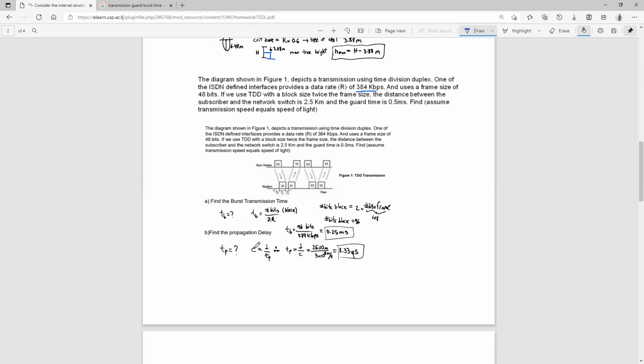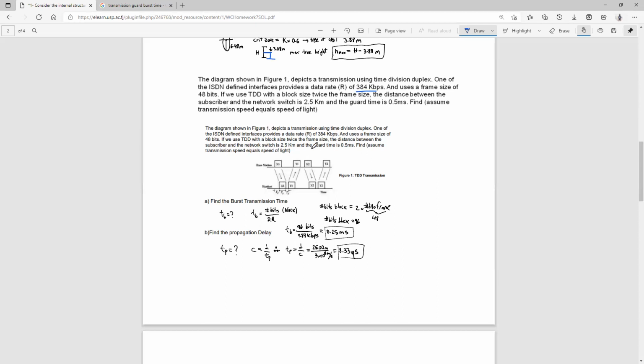We know the speed of light, which is 3 times 10 to the power of 8 meters per second. And we know the distance between the base station and the handset, that is 2.5 kilometers. So knowing these two parameters, we can calculate the propagation time. The propagation time is equal to the distance it is going to travel divided by the speed of light, right?